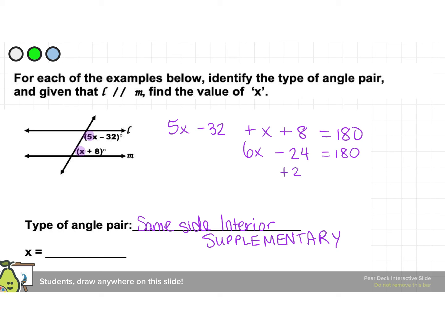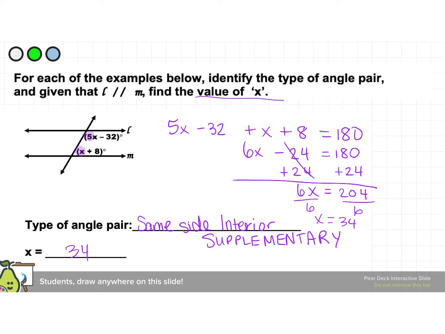Let's add 24 to each side. And we get 6x equals 204. And 204 divided by 6 gives us x equals 34. Now the question says, what is the value of x? So we found the value of x and we are done.